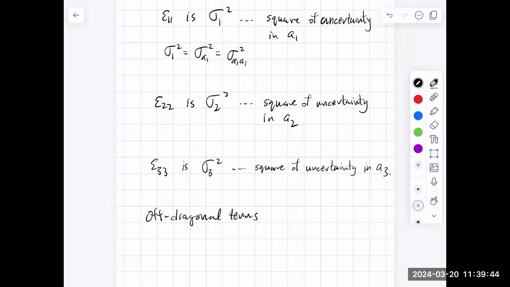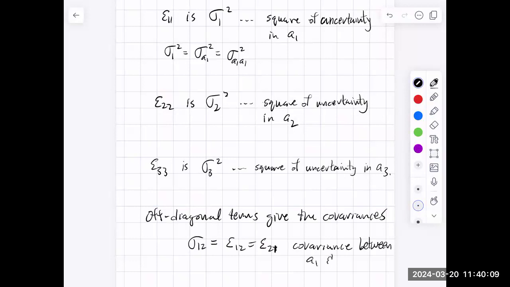The off-diagonal terms give the covariances. So sigma 1,2 equals epsilon 1,2 equals epsilon 2,1, the covariance between A1 and A2.